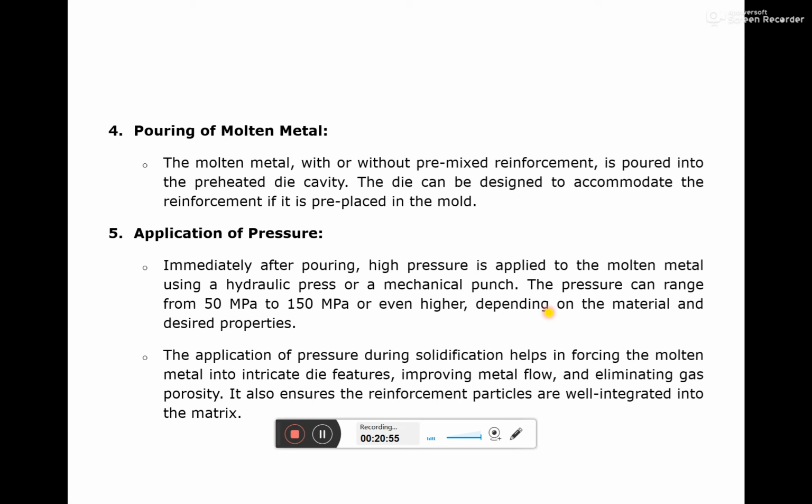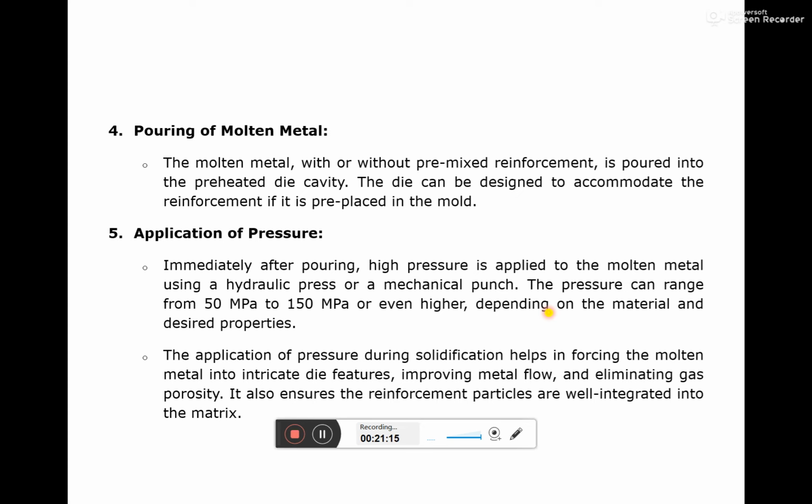Immediately after pouring the molten material, we are going to apply the pressure, immediately after pouring the molten composite mixture, by means of a hydraulic press or mechanical punch.